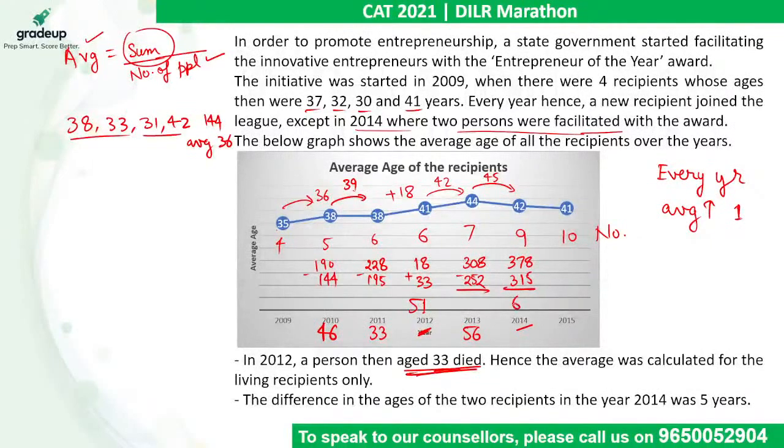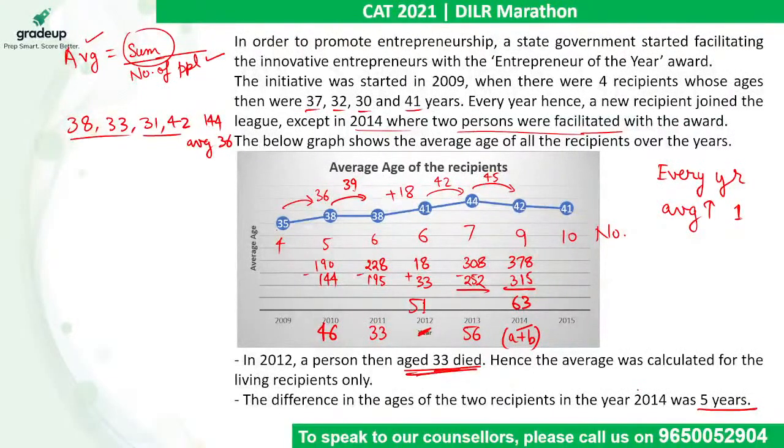So this 63 means the sum of two people, A plus B. There are two people who received the award. Clear? Two people received the award in this year. That is why this 63 is the total age of two people. So the difference is given as 5 years.